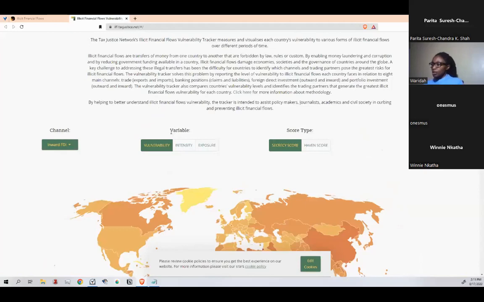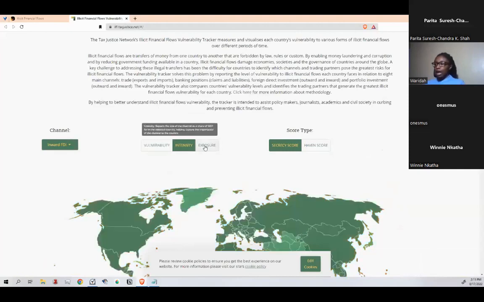Now we go to these two, which are variables. So they can be the vulnerability score in terms of how much the country is susceptible to secretiveness when it comes to financial information. And of course, there's the intensity and exposure, which also talk about the importance of the channel. So intensity is the importance of the channel to the country.